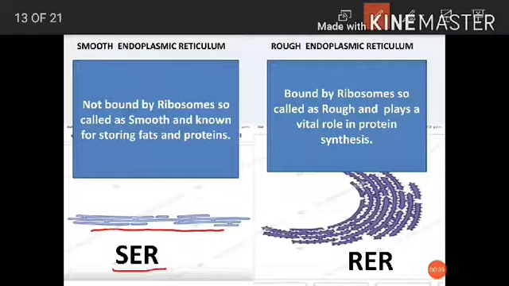But in rough endoplasmic reticulum, the granular structure ribosome is present on them, so they are called rough endoplasmic reticulum. The function of smooth endoplasmic reticulum is storing fats and proteins, and rough endoplasmic reticulum plays a very vital, important role in protein synthesis.